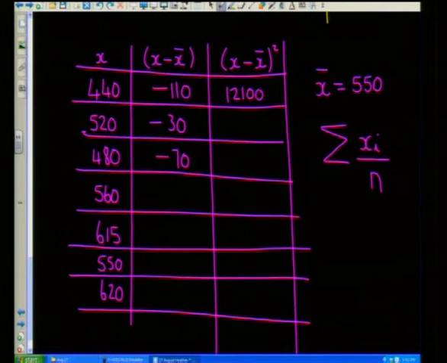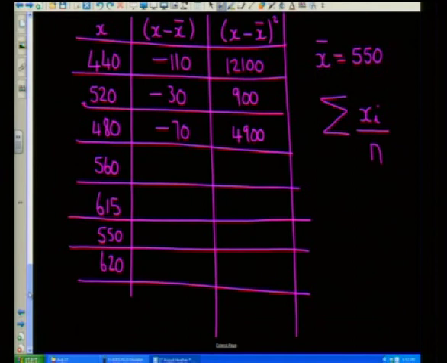And that's going to give you 12100. You're going to take 30 times 30, and that's going to give you 900. You're going to take 70 times 70, and that's going to give you 4,900. And so we go. Each of those is just a methodical plug it into your calculator.